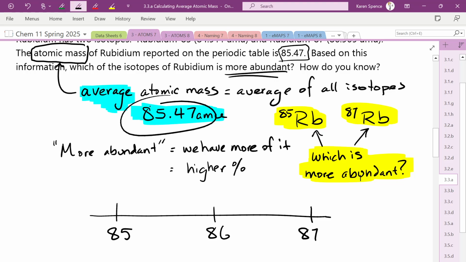And this number here would be about here. So 85.47 is closer to 85. Therefore, we must have more of the isotope with the mass of 85.